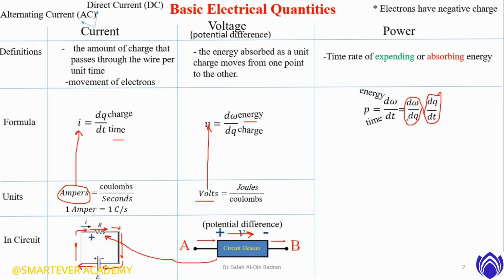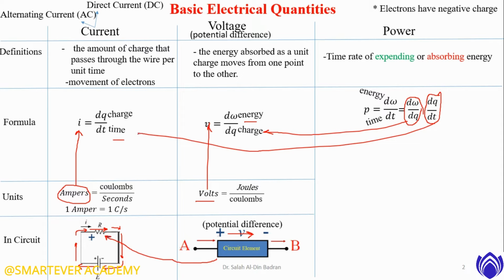You see, dW over dq is the voltage, and dq over dt is the current. So the power equals V multiplied by I, voltage times current. To find the power, simply you need to have voltage and current.